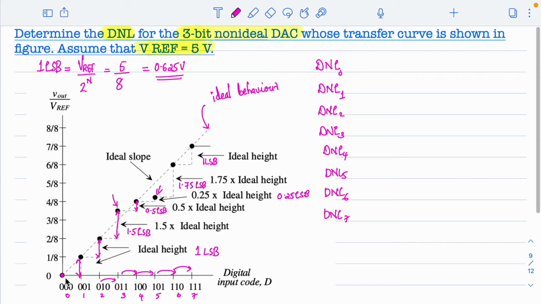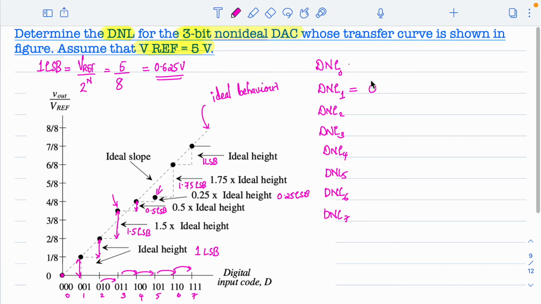So generally we will not write DNL for 0, because there is no increment for digital word 000. Now for DNL 1, DNL 1 is for the input digital word 001, the actual height minus ideal height. Actual height is 1 LSB, ideal height is also 1 LSB. So DNL of 1 is 0.